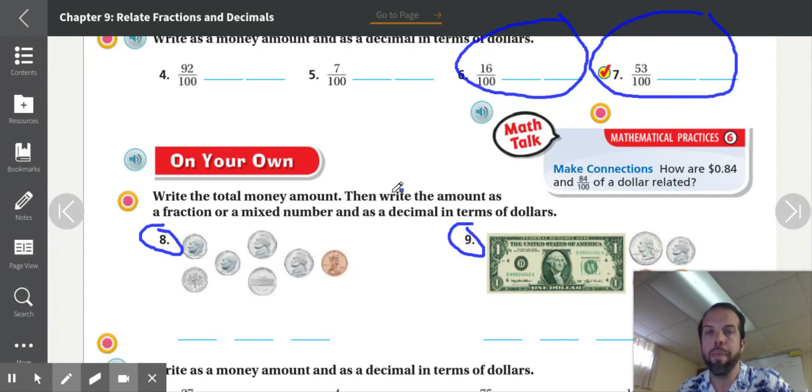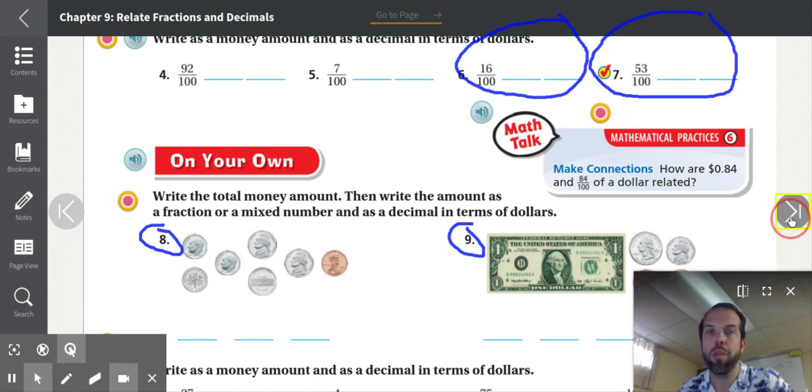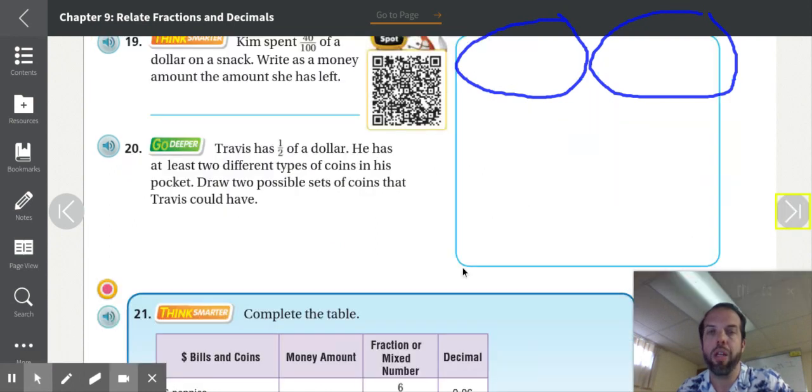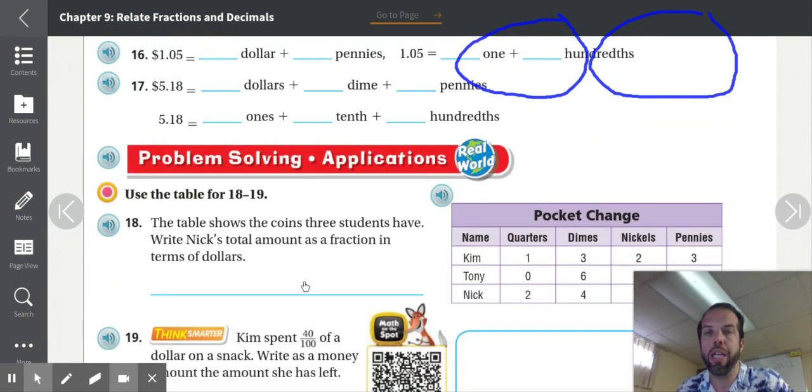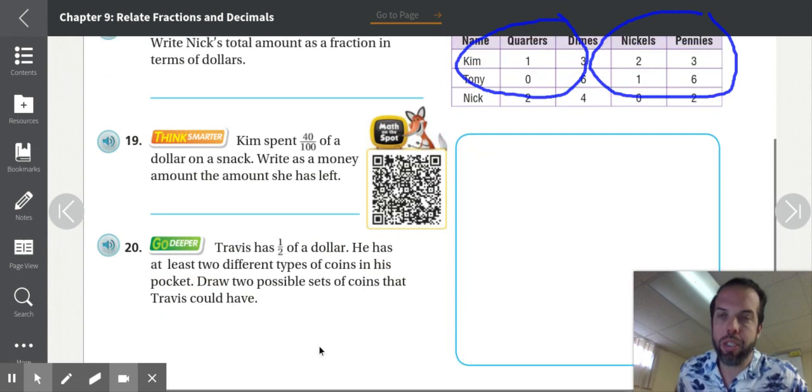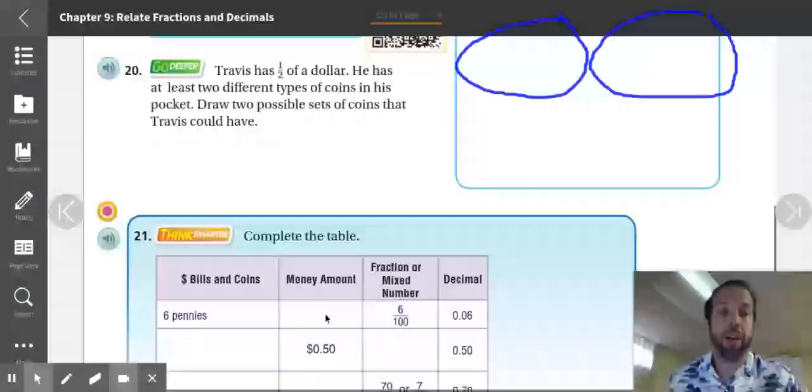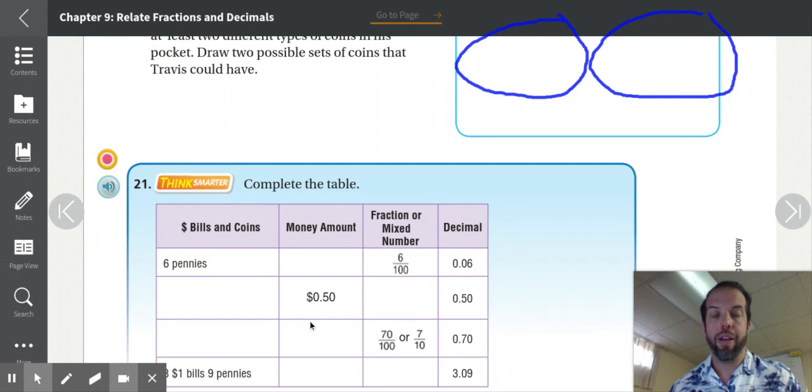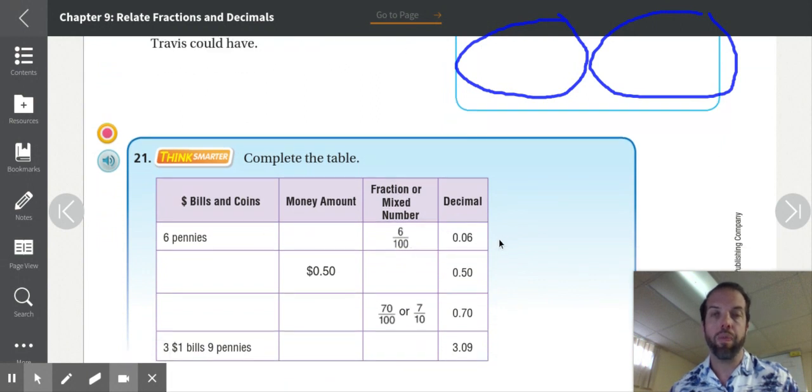And then on the next page, 516, number 21, which is a chart very similar to the first problem we did, where you have to fill in the blanks for each row. So 8 and 9 on page 515 and number 21 on page 516.